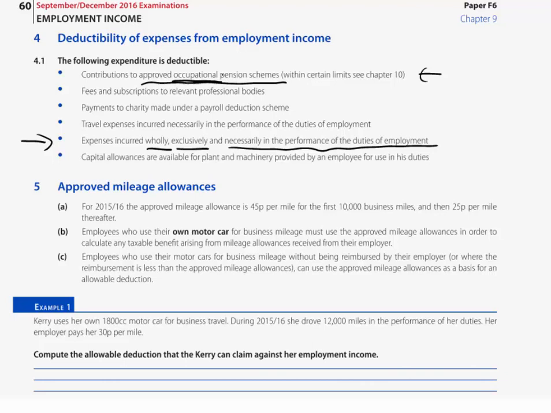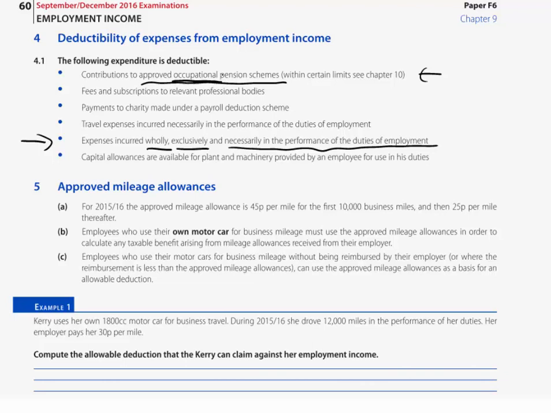But here, and hence why it's vital when you read about a contribution made by the taxpayer into a pension scheme, you need to know firstly what type of pension scheme is it? Is it a personal pension scheme, in which case you deal with it as we saw in Chapter 2, or is it a contribution into an approved occupational pension scheme, in which case it's very much easier to deal with because it's just an allowable deduction against the employment income?